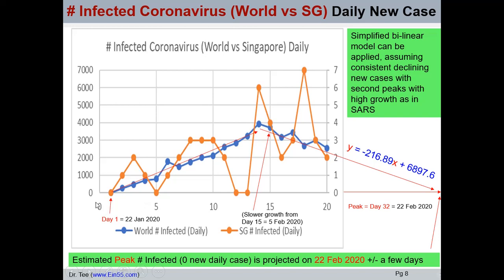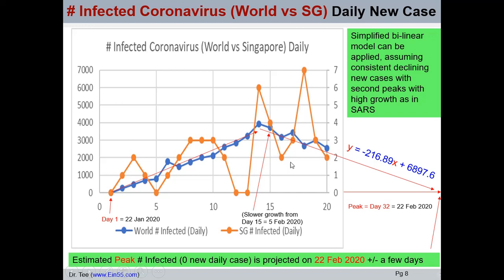Bilinear means a straight line going up, coming to a reversal point here, to a slow growth, then a linear line coming down. So you can use a simple equation, y equals ax plus c, and so on. This simple linear equation is currently being followed quite accurately.